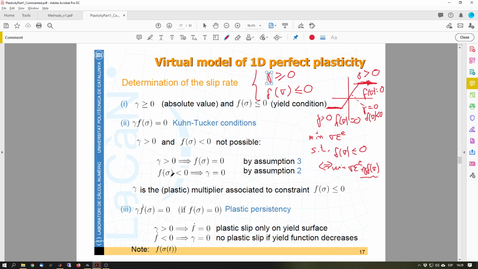And whenever f is smaller than 0, then my gamma is equal to 0, so it means that we are on the elastic branch. And here we will be in our plastic branch.